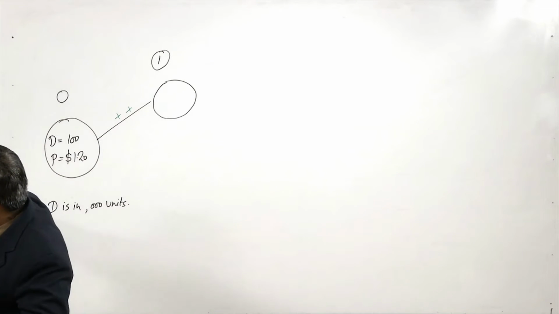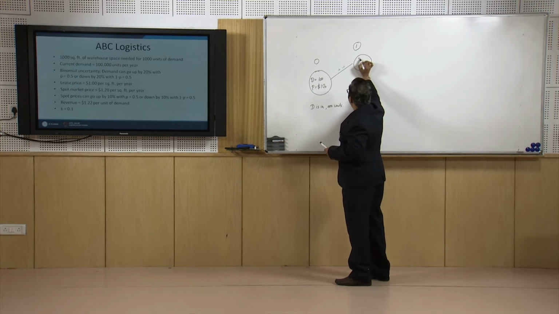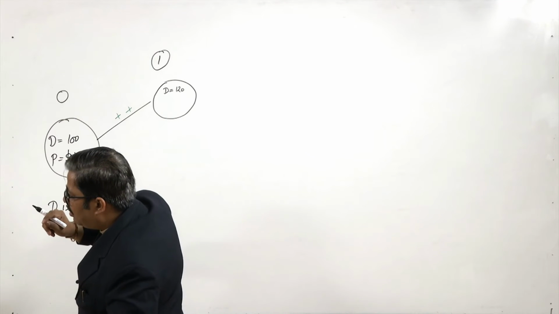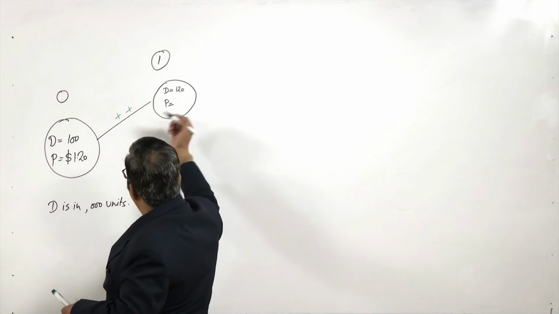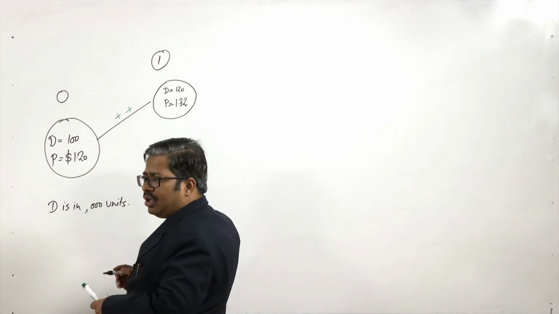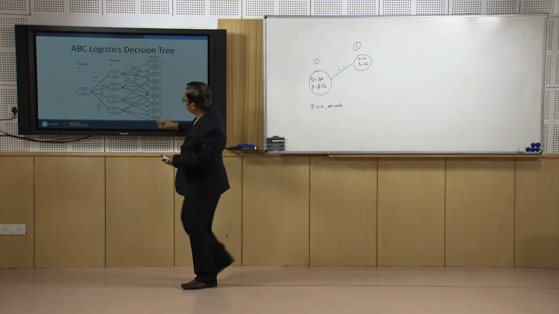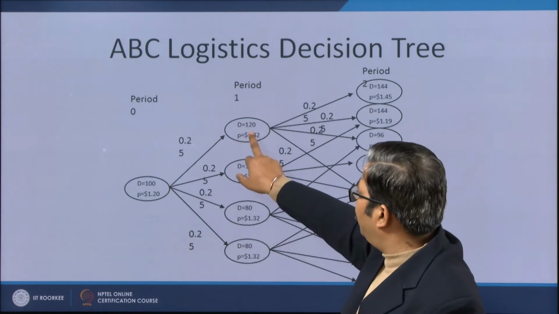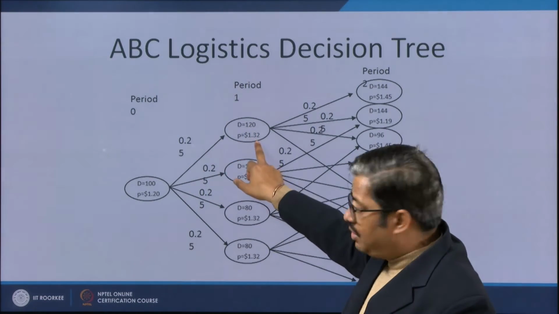The factor U for demand is 1.20, so the demand becomes 120, and the price factor is 1.10, so the price becomes 1.20 into 1.1, that is 1.32. So this is the first case, that in period 1 from here you are moving to this state, where demand becomes 120 and price becomes 1.32.